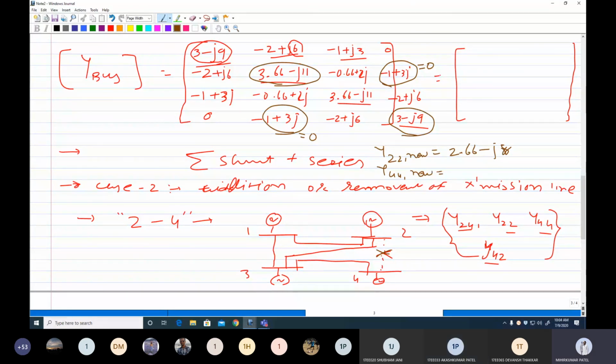Y44 new is equal to 2 minus (minus 2 plus j6), which is 2 minus j6. Clear? So these are the two basic cases for formulation of the admittance matrix.